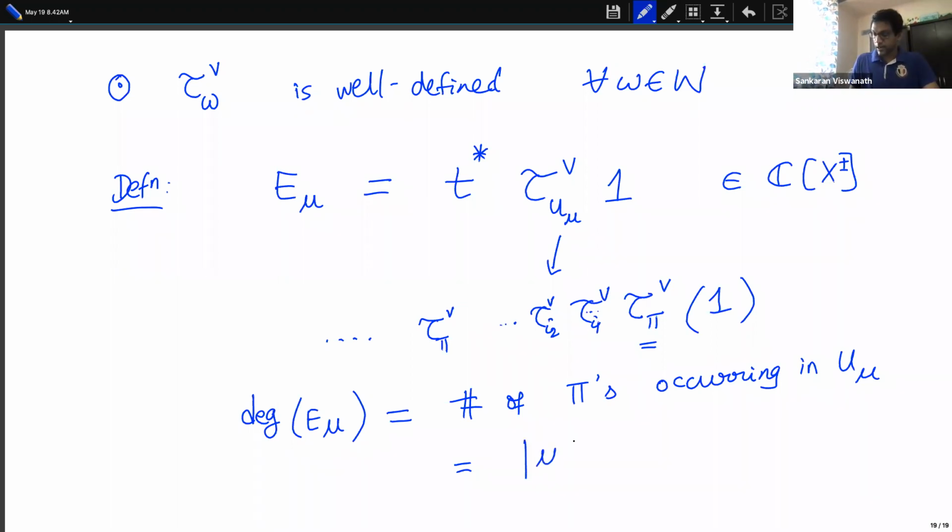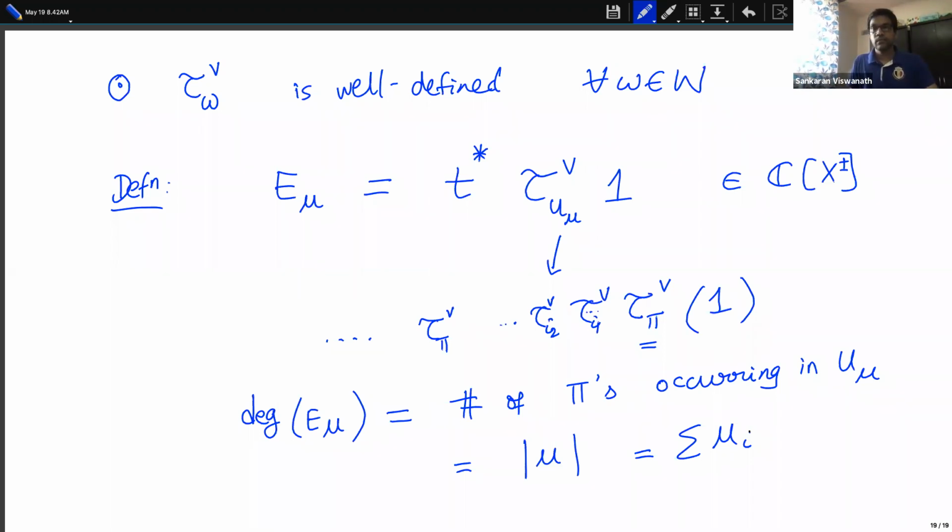So this is in general just going to be the sum of all the mu i's. So what you are constructing here is actually a homogeneous polynomial in the xi's, xi plus minuses in general, whose total degree is the sum of the mu i's. Okay, so that's one thing I wanted to say.